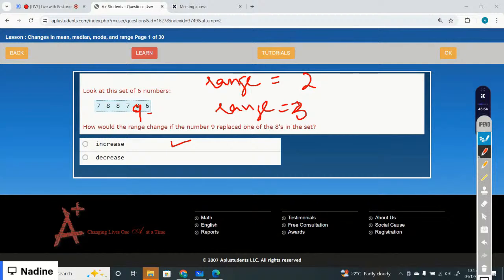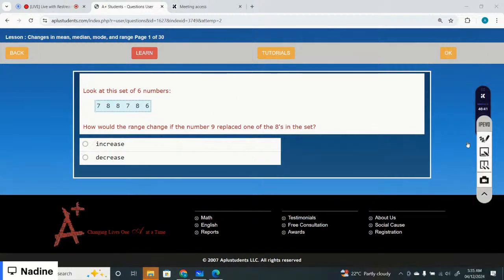The range is increased. The correct option is increased. Option number 1 is the correct option.